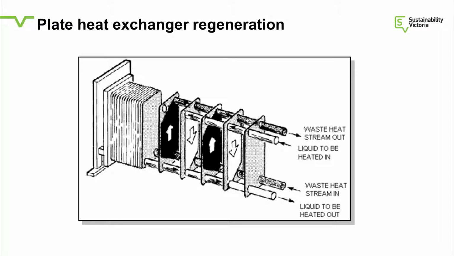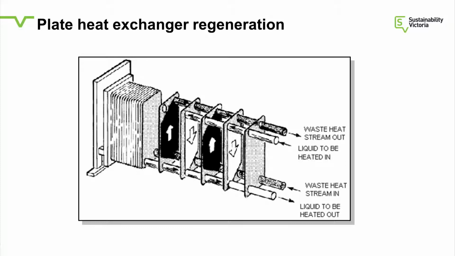Another example, again, this is not new, but I guess the trend is for increased regeneration. In the milk industry and some of the other industries where you're pasteurising, what you're doing is you're taking cold milk from a tank, then you need to heat it, then you need to cool it down again. So if you did that without regeneration, you'd use a lot of energy to heat it and to cool it.